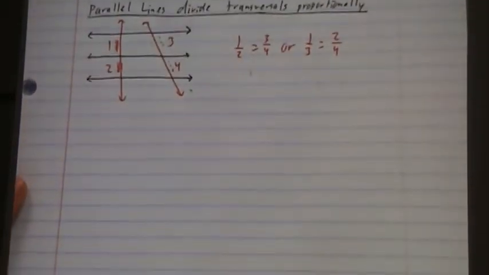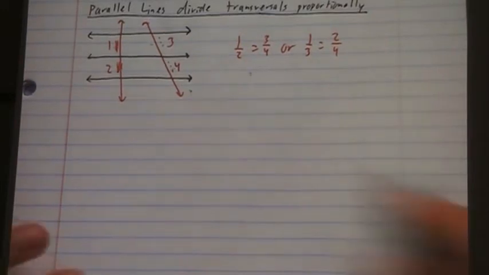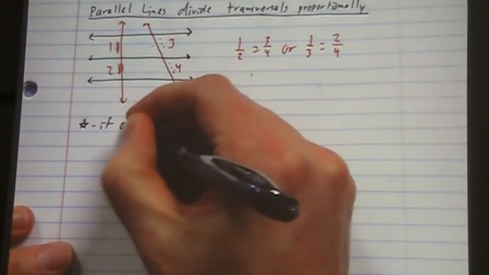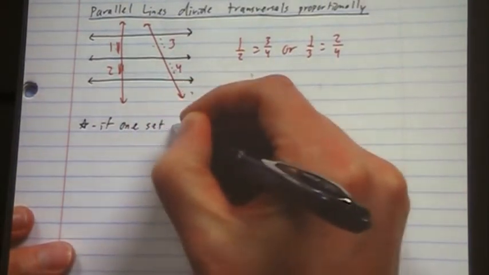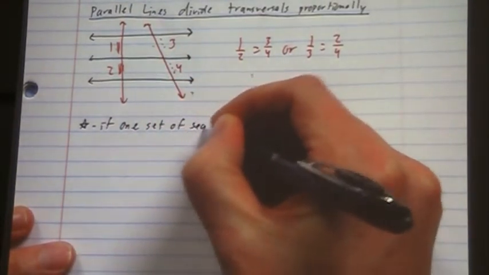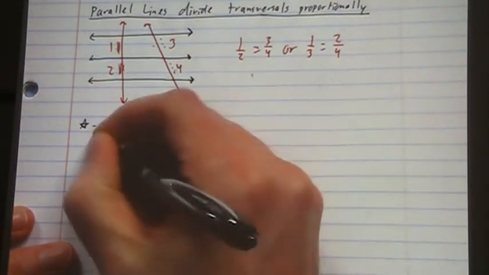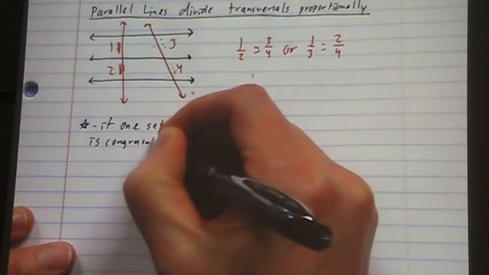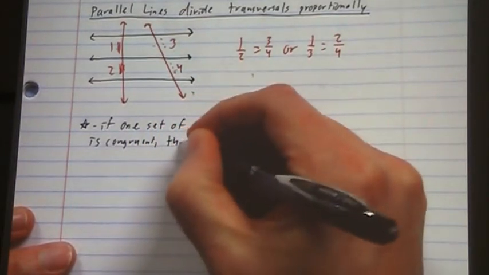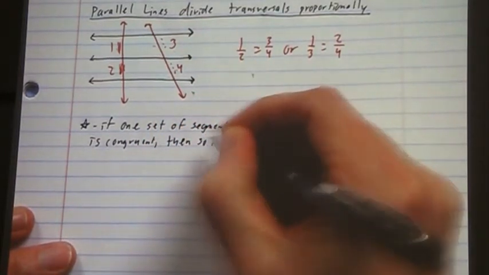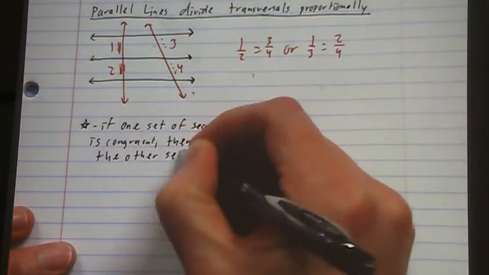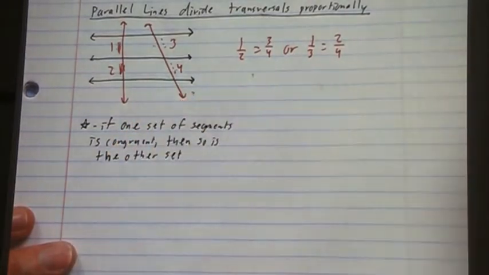One situation you might see is a unique one. I just want you to be aware of it. If one set of segments is congruent, then so is the other set. Okay.